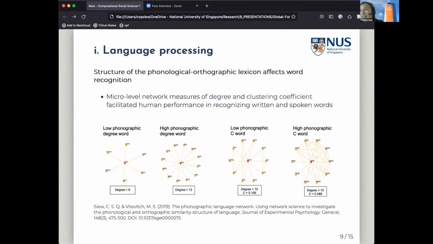And on the left of it is a word with low clustering coefficient. What's important to note is that they have the same number of friends, but the connectivity structure inside of the neighborhood is different, and that has implications for processing. In the case of a phonographic lexicon, the higher clustering facilitates word recognition.